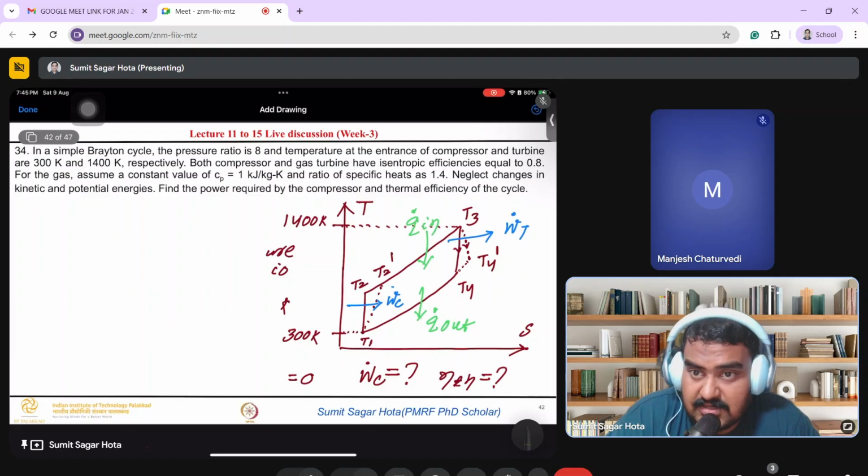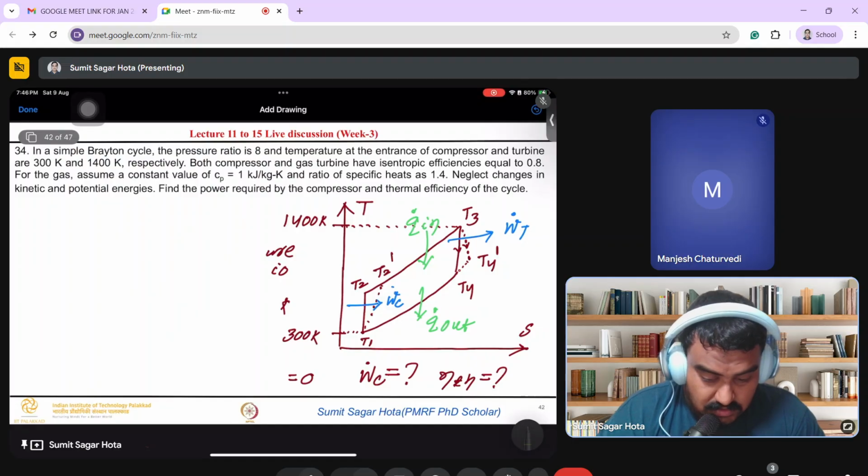In the simple Brayton cycle, the pressure ratio is 8 and the temperature at the entrance of the compressor and the turbine are 300 Kelvin and 1400 Kelvin respectively. Both compressor and gas turbine have isentropic efficiency equal to 0.8. For the gas, assume a constant Cp value and the ratio of specific heats gamma 1.4. Neglect the changes of kinetic and potential energies. Find the power required by the compression and the thermal efficiency of the cycle. That means W_C and thermal efficiency eta_th.